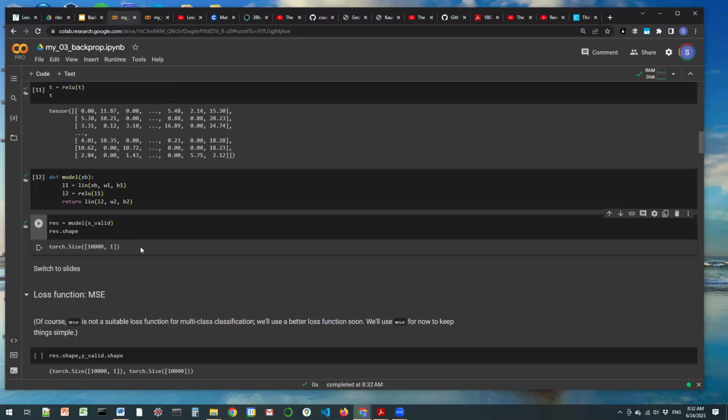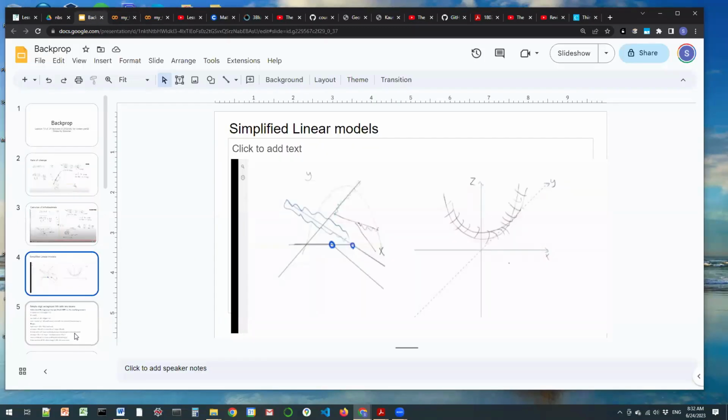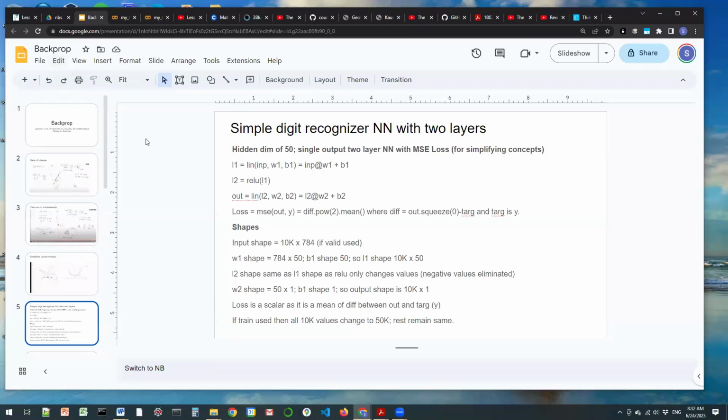But let's assume that what we are trying to do is take the output from the neural network, the single value that the neural network in this case produces, and compare it to the Y value, what the digit actually is, and we define a difference between the two.